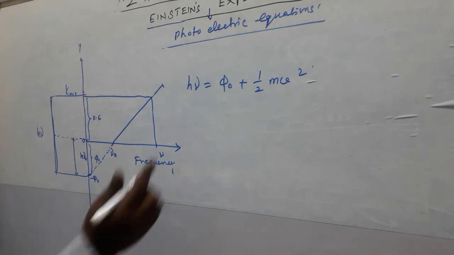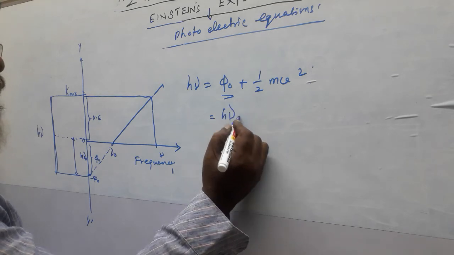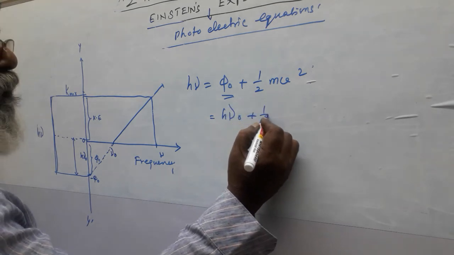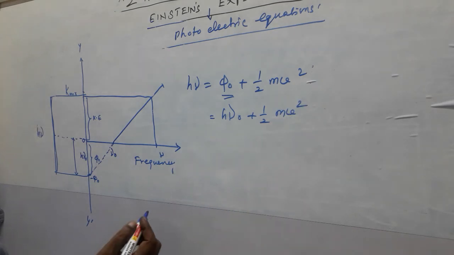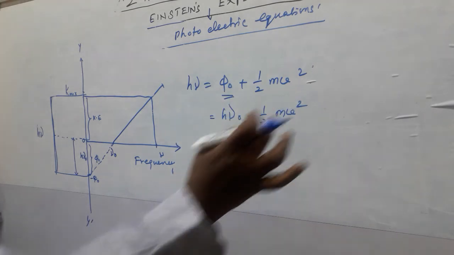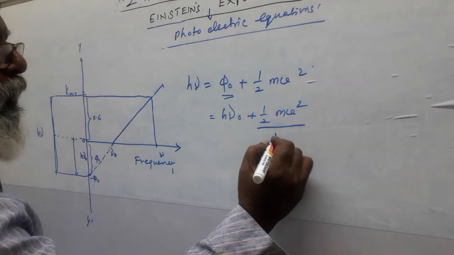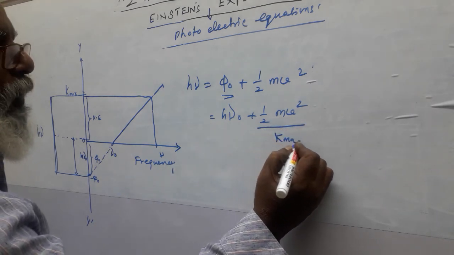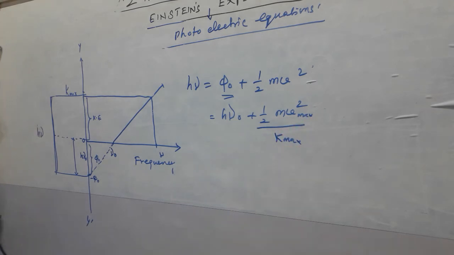If you are substituting this phi naught value, then that's equal to h nu naught plus half m v square. Are you clear? Okay. Now, I want to find out the value of half m v square, which is also called K maximum. So I want to find the K maximum value.